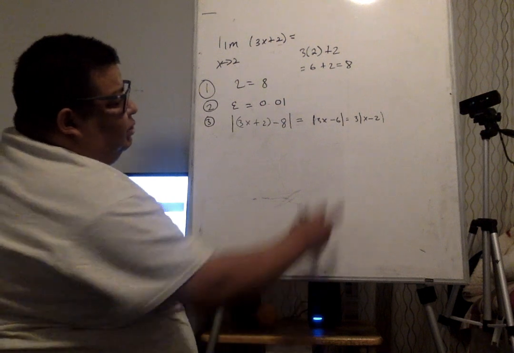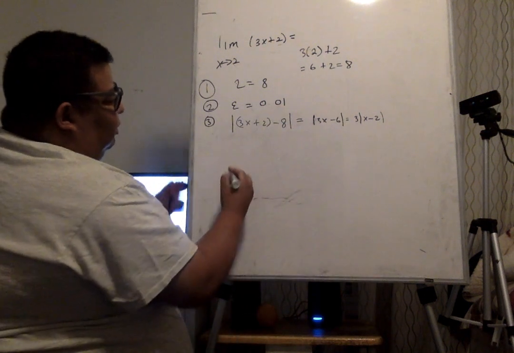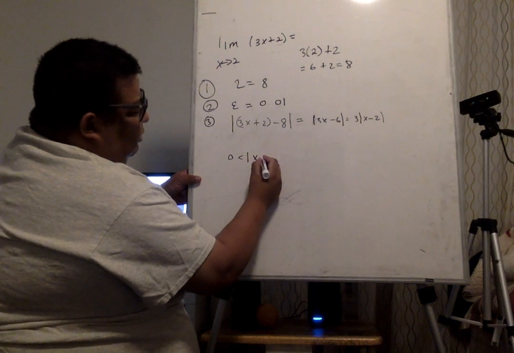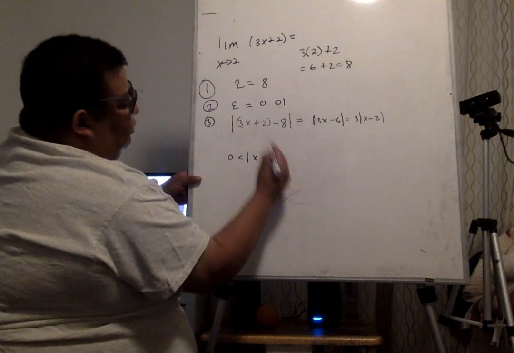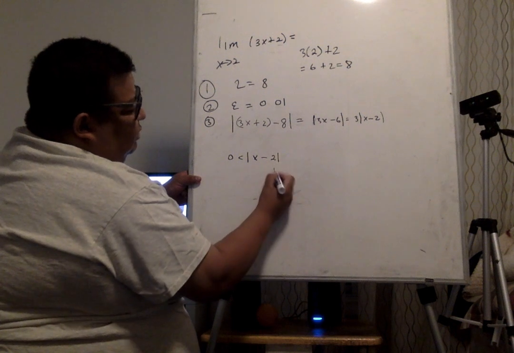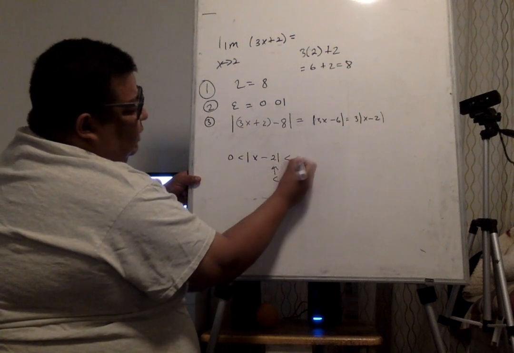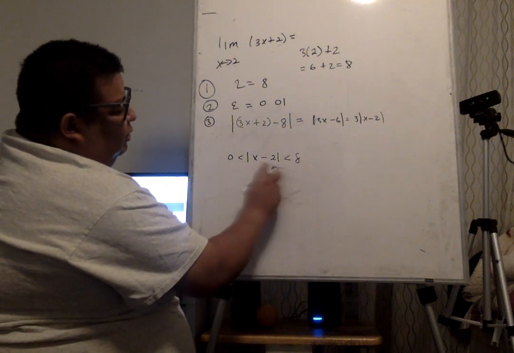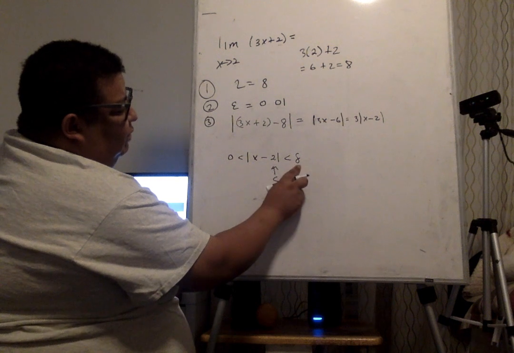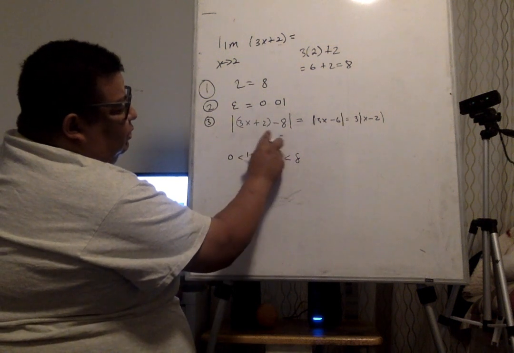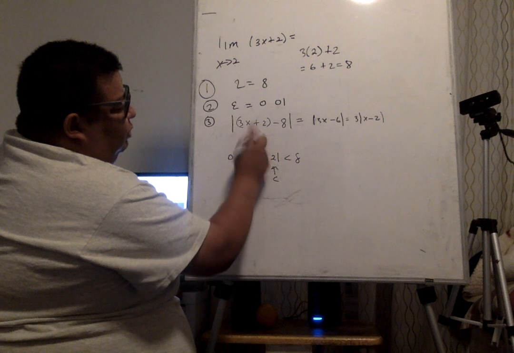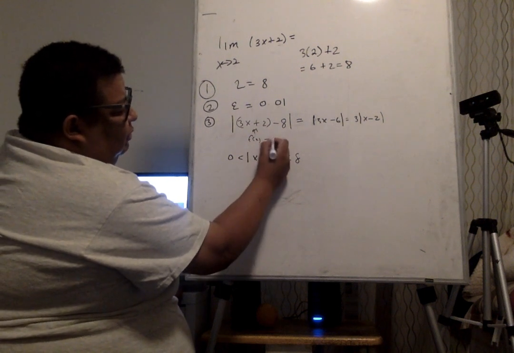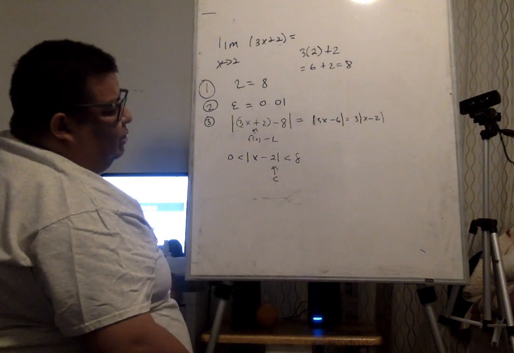Okay, that is looking more like your delta, because remember, your delta has to be looking like this: x minus 2, that's your c value, has to be less than delta. So whenever x minus 2 is less than delta, then the function, this is your f of x, your f of x minus the limit is less than epsilon, so that completes the proof.